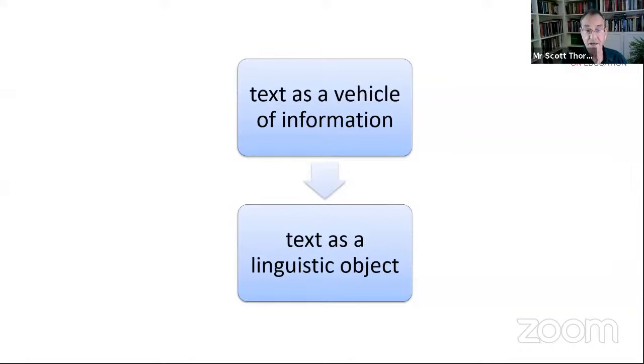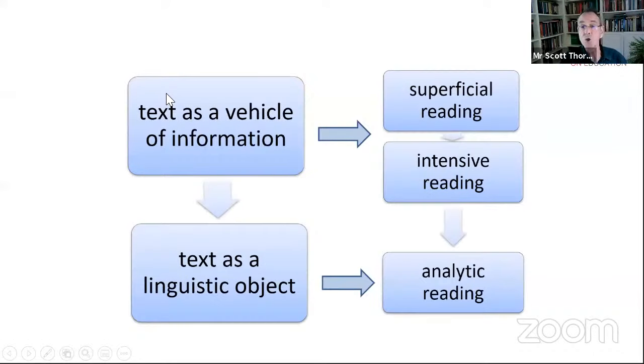And we can break it down even further and think back to those layers of the onion I was talking about, and think of that at the first stage involves two kinds of reading. The text is a vehicle of information, two kinds of reading: the superficial reading, the outside of the onion, yeah, who, where, what, why, and then more intensive reading, those questions I gave you, the map, task, etc., which get at the next layer of the onion, the deeper meaning, the real meaning of the text.